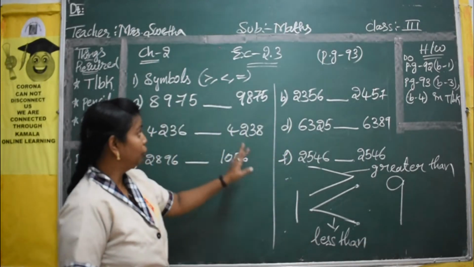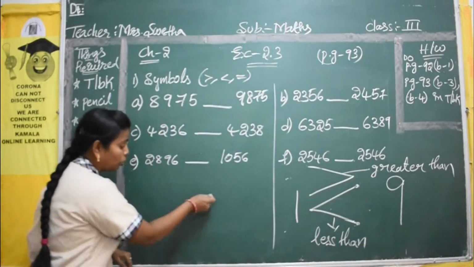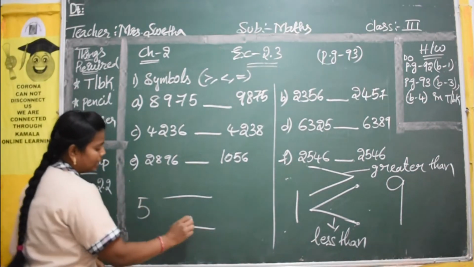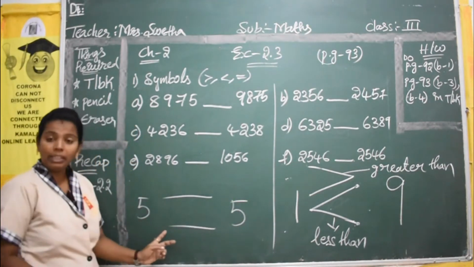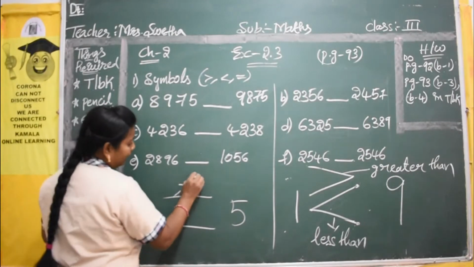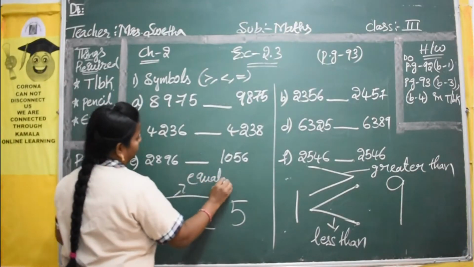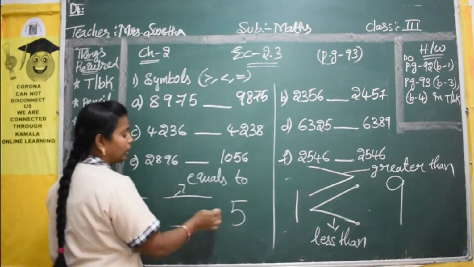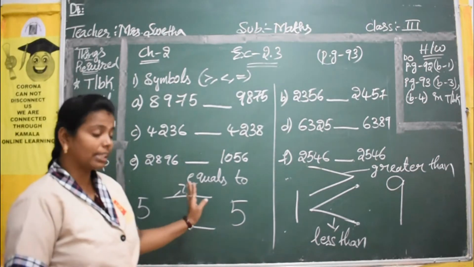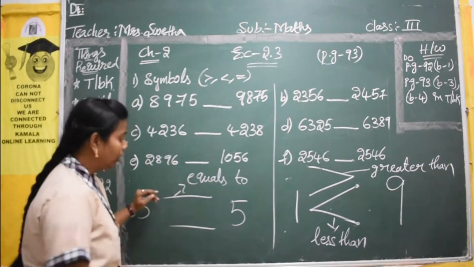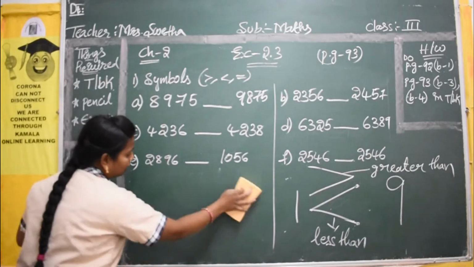Children, you know about equals to, I think. Whenever you have the same number on both sides, we use this symbol. This is called equals to. It says that both sides have the same number. I think you have understood this.